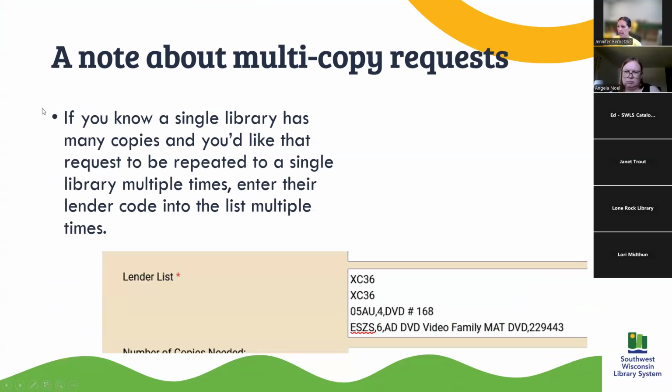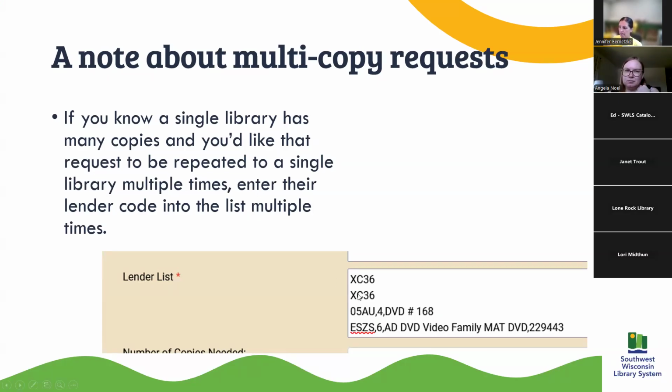And just a note about multi-copy requests, for those of you who do a lot of book clubs, you might know that Milwaukee has 12 copies of this on their shelf. But if you do a multi-copy request, only one of your requests is going to go to Milwaukee County. So if you know their lender code, in this case, Milwaukee Public Library is XC36, and this is the example because a lot of times they've got like 1 billion copies of popular books.